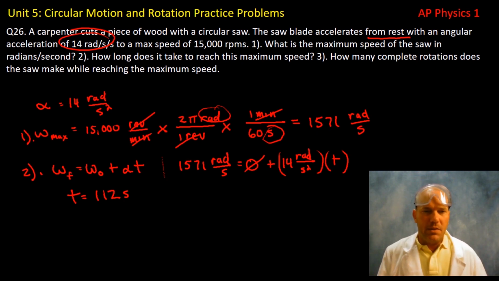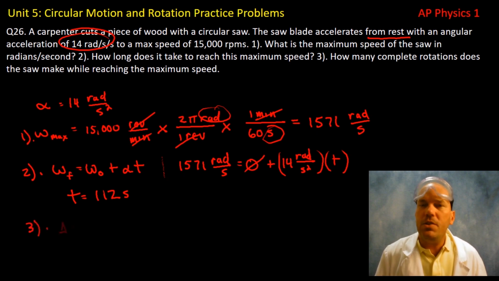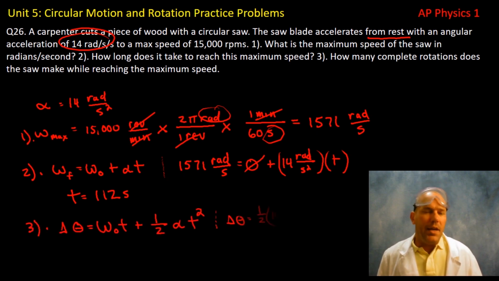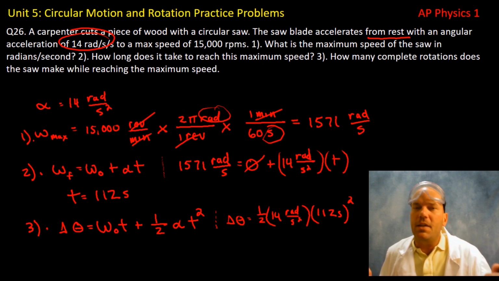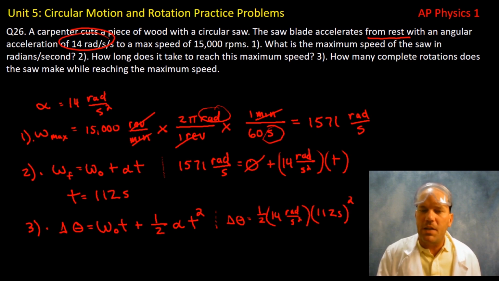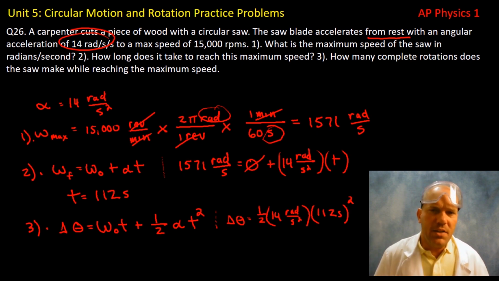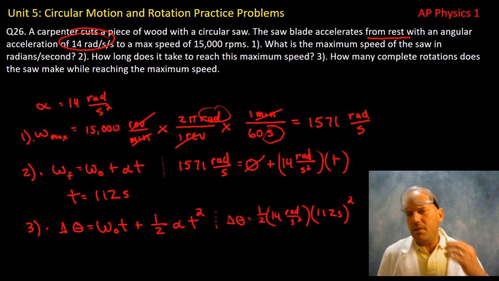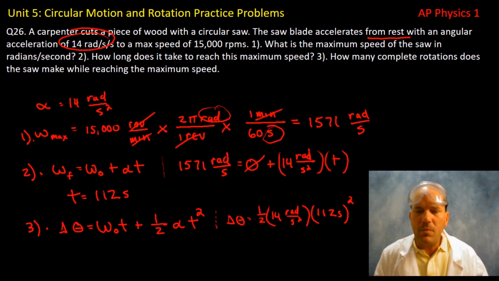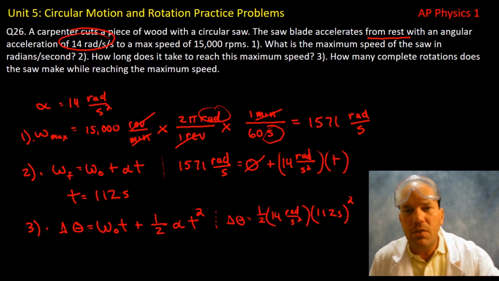Part 3, how many complete revolutions does the saw make while reaching this maximum speed? Well, so we're going to need to do another conversion here. All right. And we are given the omega naught, which is 0. We have the time, which is 112 seconds. We have the angular acceleration. So we can say that the change in theta, which is in radians, is equal to 1/2, 14 radians per second squared, multiplied by the time squared.